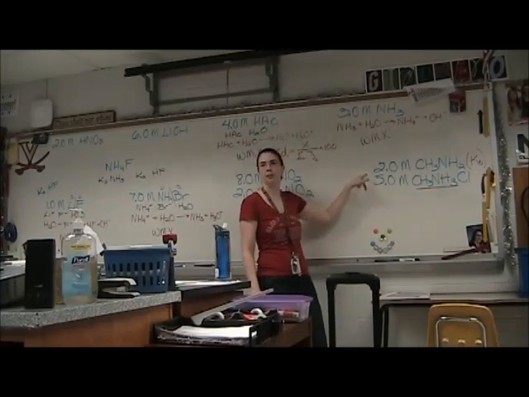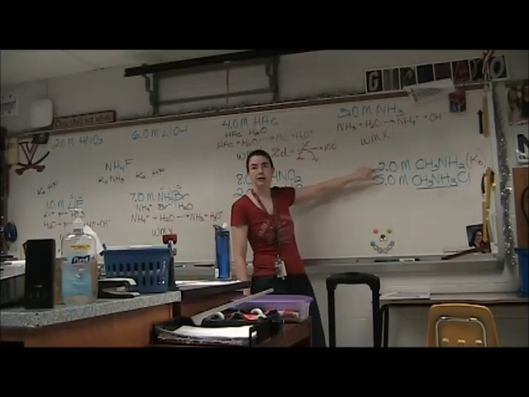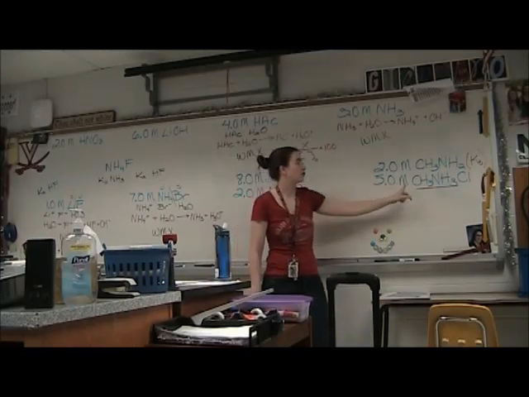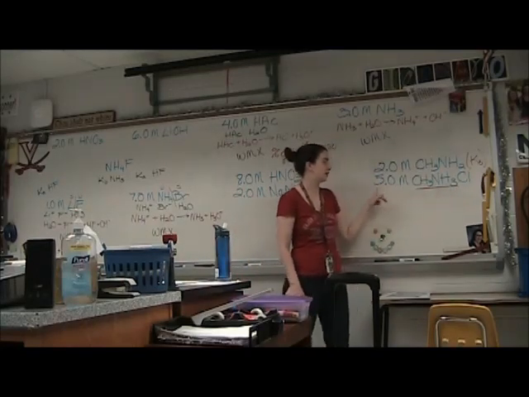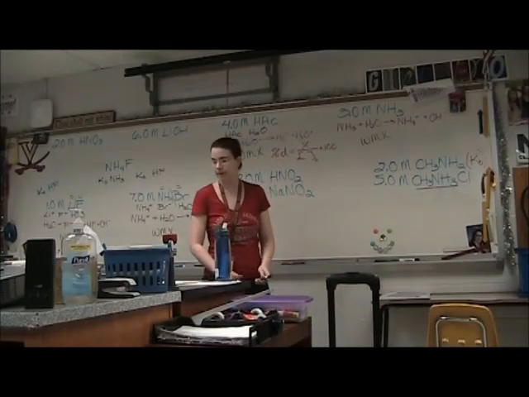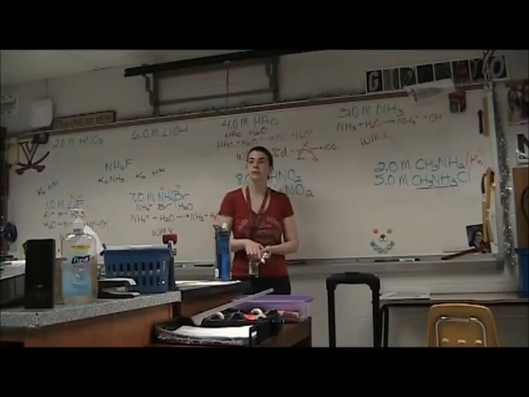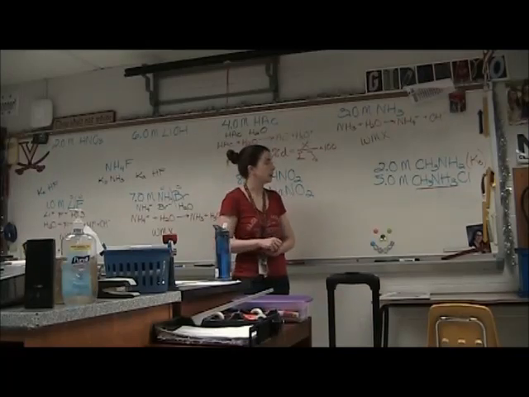Which one of these is the base? 2 molar or 5 molar? 2 molar is the base, over the conjugate acid, so I would do 2 over 5. And then you would take the negative log of the Ka to get the pKa. Okay, cool. That's right.